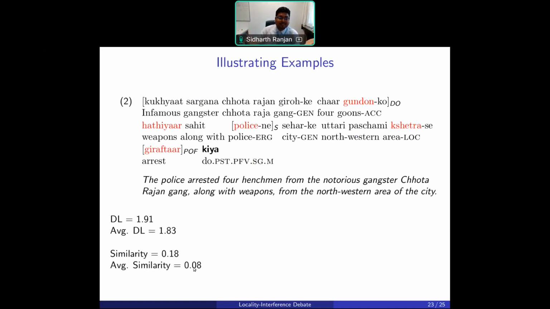So both these mechanisms explain the difficulty associated with the DO-fronted example. This can also be seen because the words highlighted in red are the preverbal dependents of the verb kia, and these preverbal dependents have similar syntactic properties and therefore cause retrieval difficulty at the verb kia.